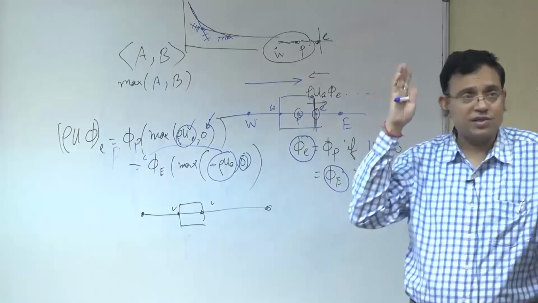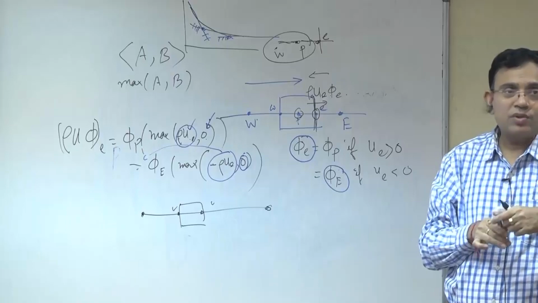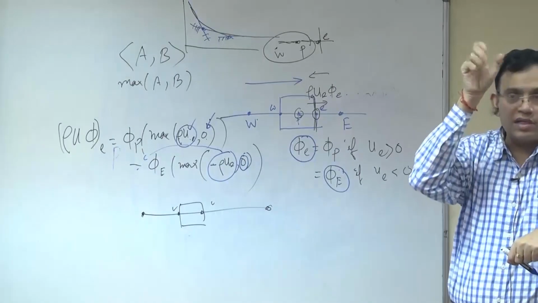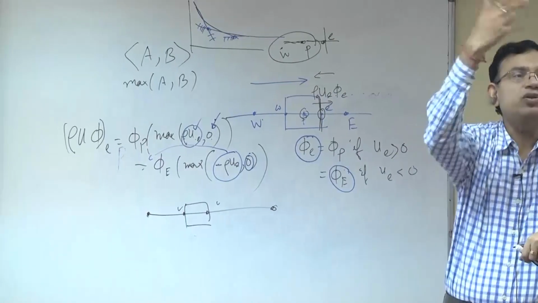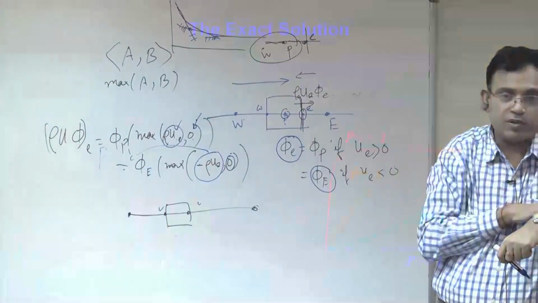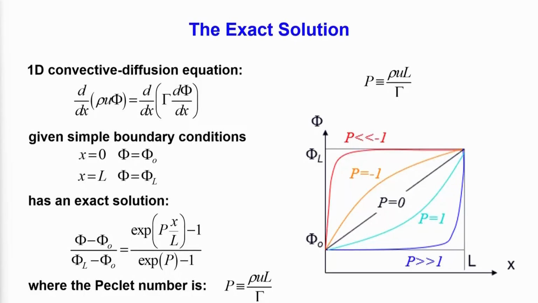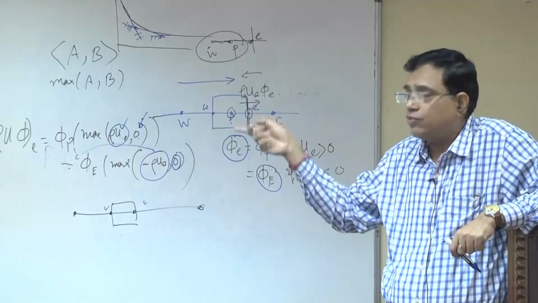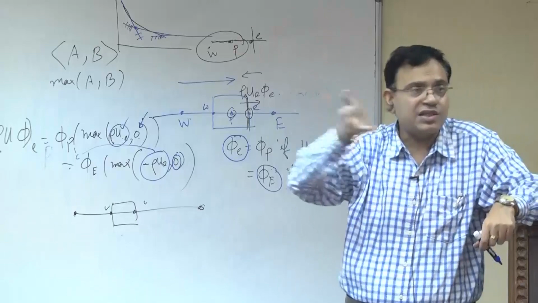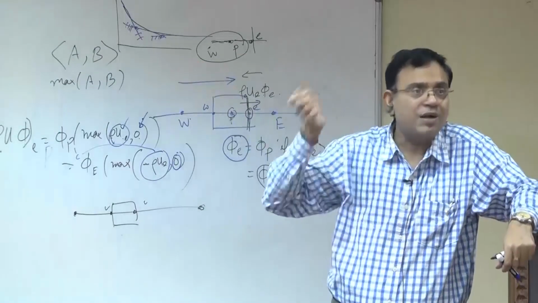If you see now the summary of understanding: we started with the finite difference or central difference because that was the intuitive thing that we were carrying from the diffusion problem. We found that it has a problem. The problem was that if the flow is strong, then the Peclet number would be large, and then there is a problem. So, we found a solution if the Peclet number is large, and it physically reproduces the upwind scheme.